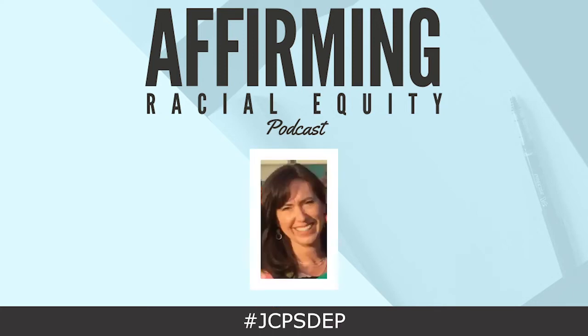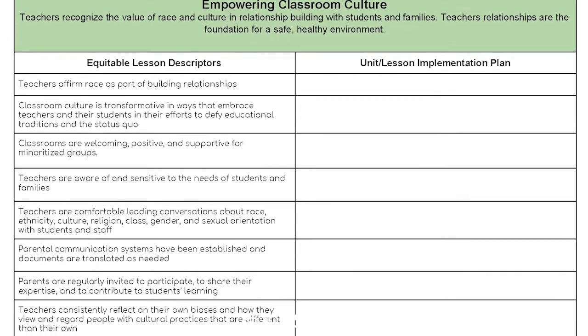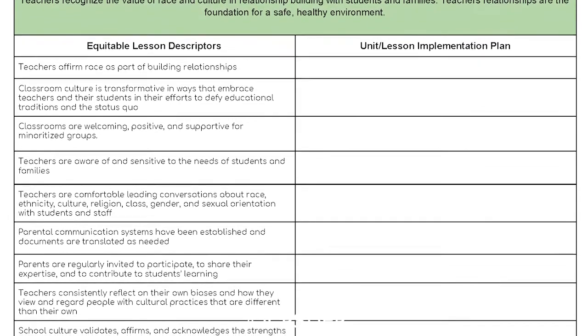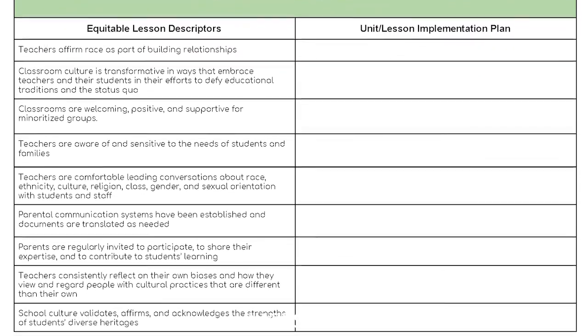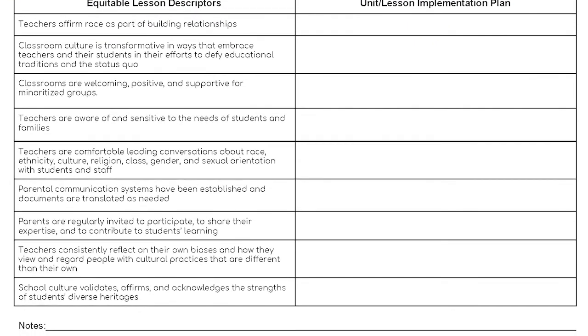Well, as Lamanda kind of segued into, an important section that we need to talk about is empowering classroom culture. We've talked about the importance of students seeing themselves and specifically eliminating prejudice. But as teachers, we need to empower our classroom culture by starting with recognizing and affirming the value of race. We have to profoundly change our awareness and beliefs and values regarding race.